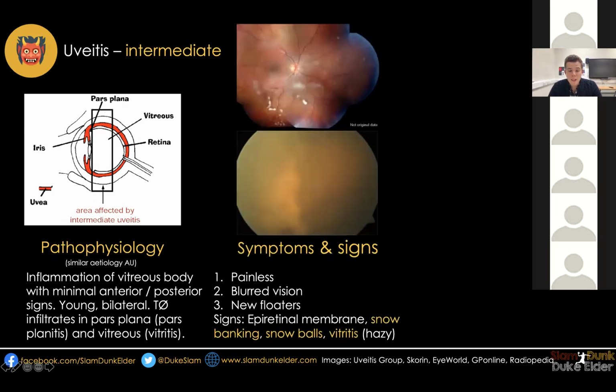We have a few eponymous signs that we tend to think about in intermediate uveitis. So if the question starts to say, for example, there is snow banking, okay, snow banking is effectively white clumps of inflammation in the peripheral part of the retina, usually the pars plana. This is not your stereotypical fundus that you see here, actually, as you can imagine.